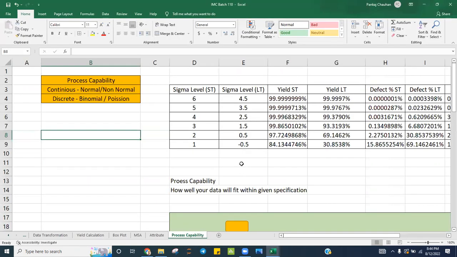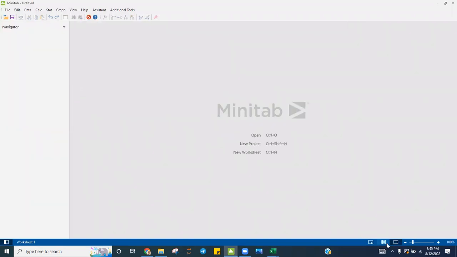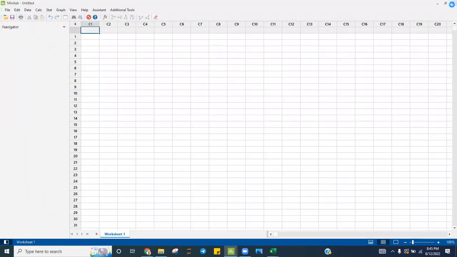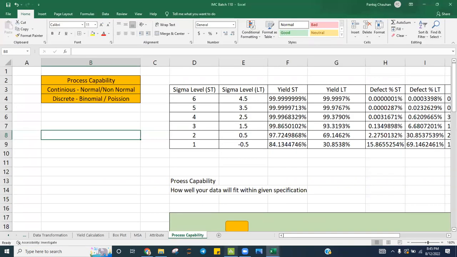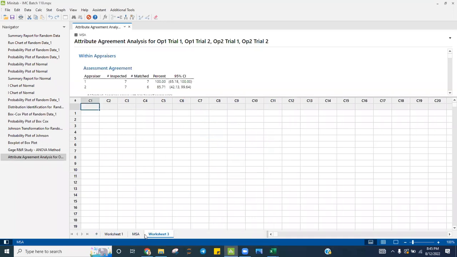Minitab file. Is this new file open? Where is my old file? Yes, this is the old file. So here I am adding one more sheet as a capability.